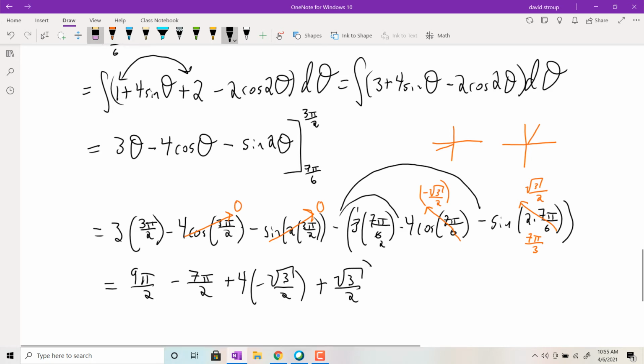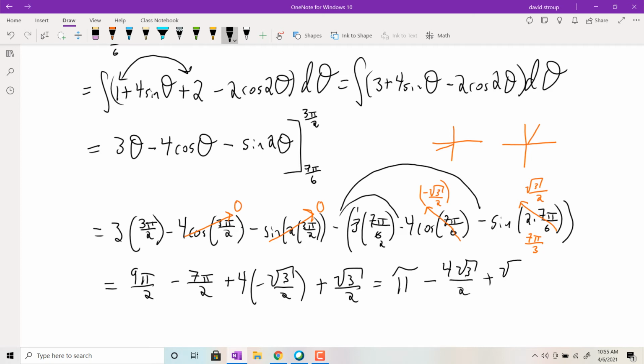And then we can try to combine some like terms here. 9 pi over 2 minus 7 pi over 2 is 2 pi over 2, which is just pi. And then minus 4 root 3 over 2 plus root 3 over 2 is going to be pi minus 3 root 3 over 2, which is the answer.